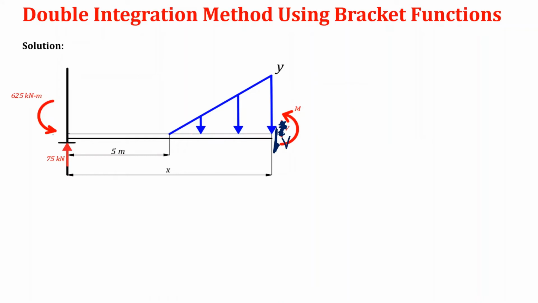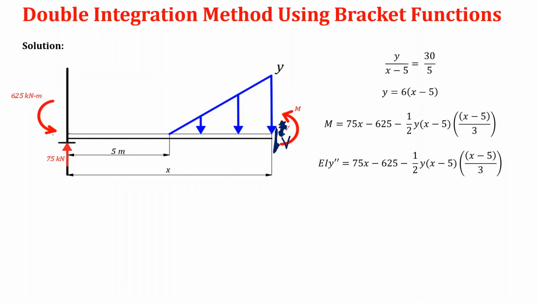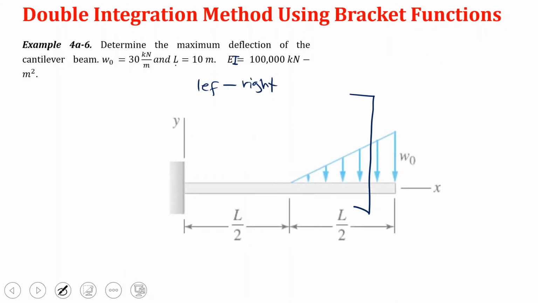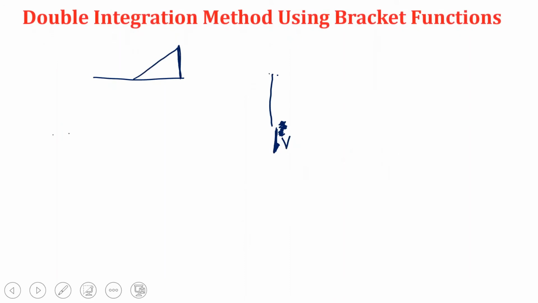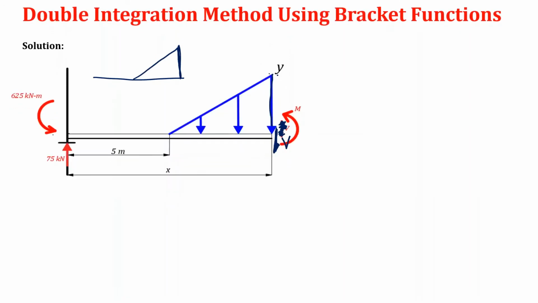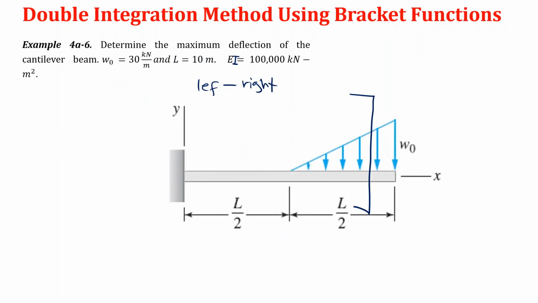Now, in our cut, we don't know the height of the cut, so call it y. To get y, remember this from earlier. The total height of the figure is WO, which is 30. So at our cut we don't know the height, so just call it y. But the total length here is L over 2, so 5.